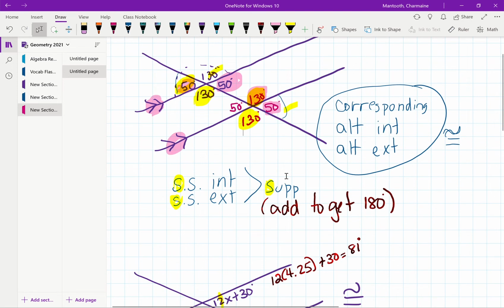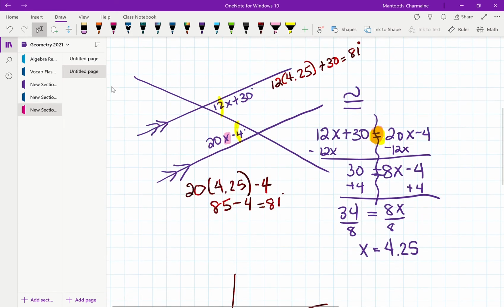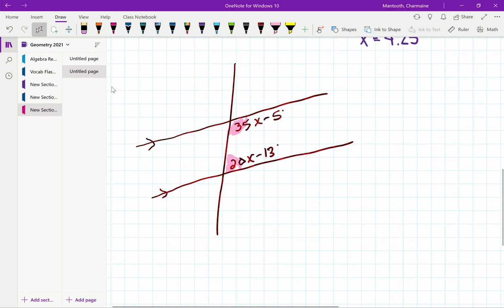And again, 50 and 130 is just an example, just so I'll remember to look at an angle pair, and when I find the angle pair, it helps me decide whether they're congruent or supplementary. Well, this is a supplementary pair, so what does supplementary mean? That when I add them up, I'm going to get 180 degrees.